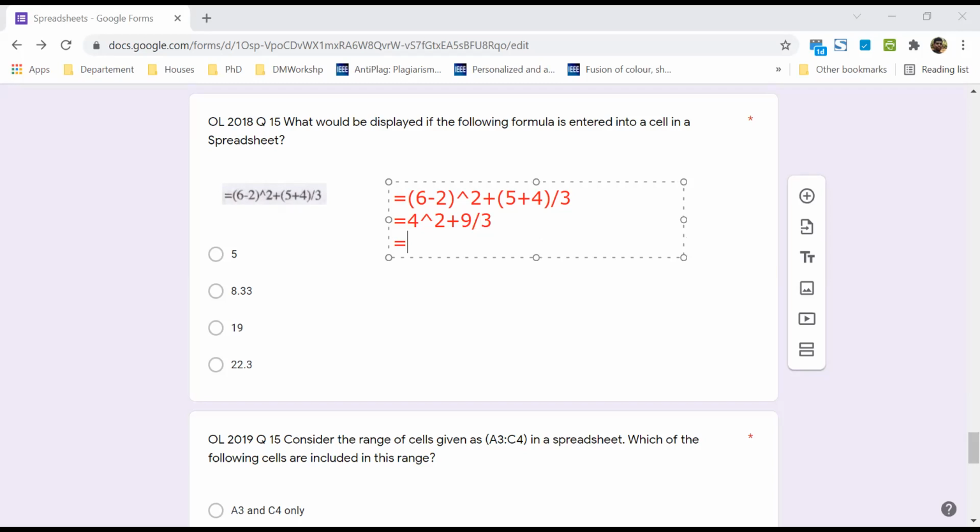So in a single shot, I have removed the brackets. Then 4 to the power 2, that means 4 into 4, this should be 16 plus 9 divided by 3. The next iteration, 9 divided by 3 is 3, right? So the answer should be 19. Okay, so about 80% of the class got the correct answer. Good.